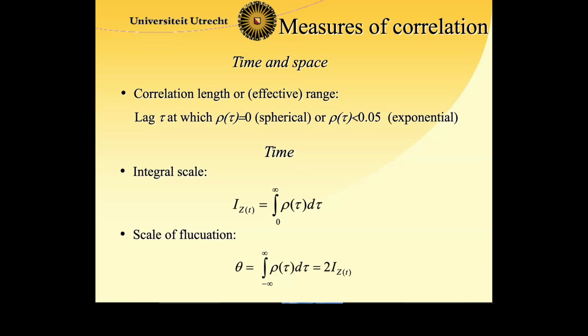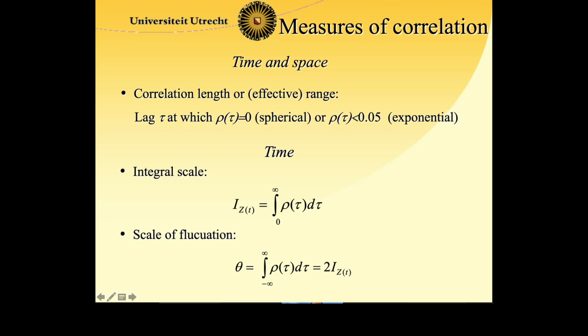And for that we have a number of so-called correlation parameters. Now, one is the so-called correlation length or effective range, and that is that lag at which the correlation becomes 0 or smaller than 0.05.